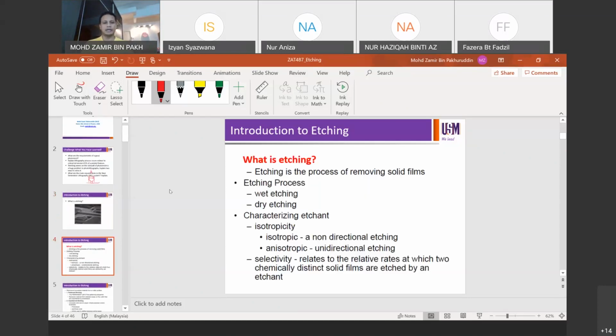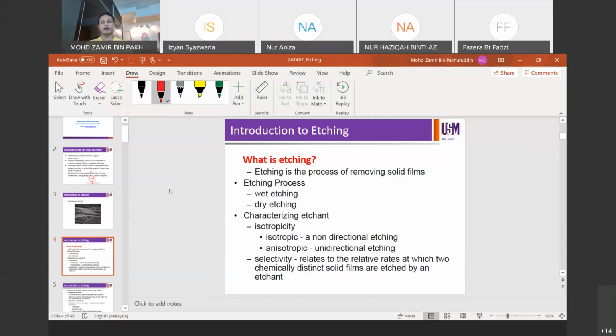So what is etching? Etching is the process of removing solid films. Etching process can be divided into wet and dry etching. Just like the way we divide thermal oxidation, wet and dry, you can also divide the etching process into wet and dry etching, right? Wet etching is associated with the usage of wet chemicals like acids or alkaline solutions in order to do the removal process.